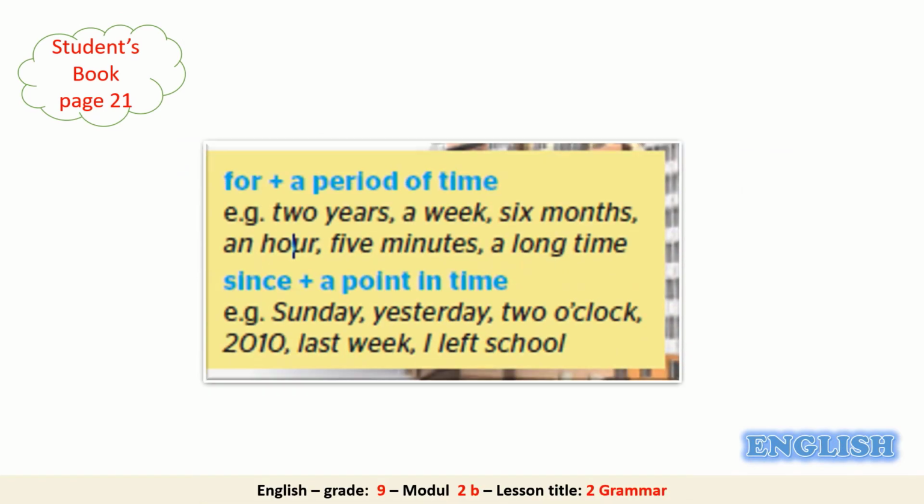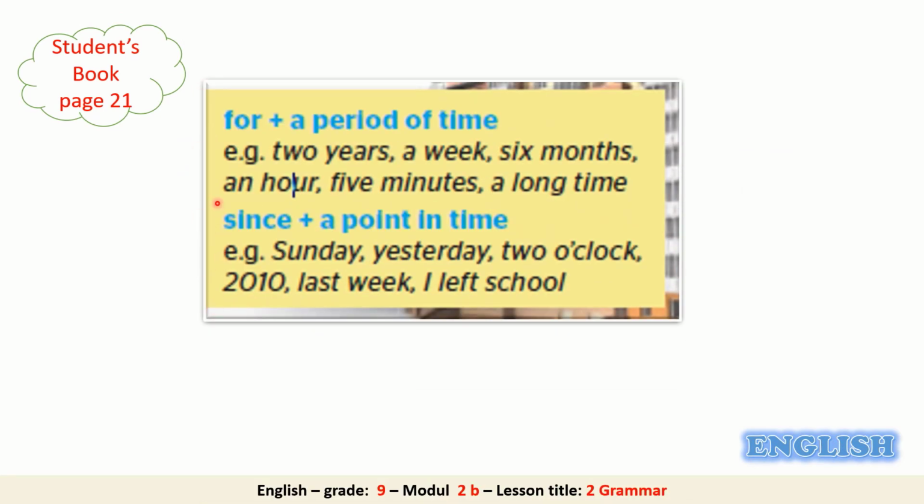Again, students' book, page 21. Let's study this table. It talks about the difference between the use of for and since. For is followed by a period of time. For example, 2 years, a week, 6 months, an hour, 5 minutes, a long time. All of these are periods of time. So, in case we have a period of time, we use for.